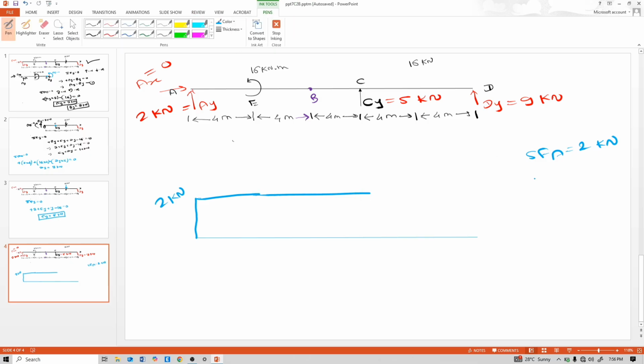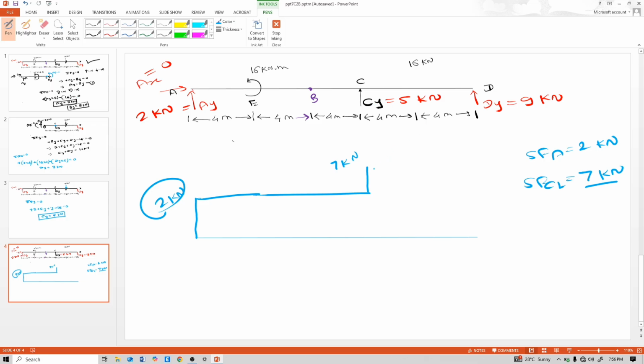So shear force just left to point C is positive 2 and positive 5. Why positive 5? Because 5 is upward. So 2 plus 5 is 7 kilonewton. How does this 7 kilonewton come? Because see, this shear 2 kilonewton plus this upward reaction 5 kilonewton, 5 plus sign because of upward reaction.